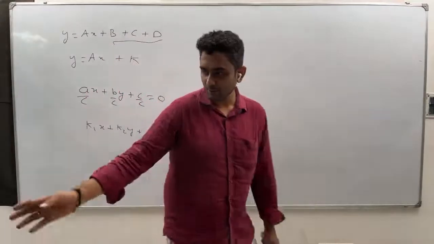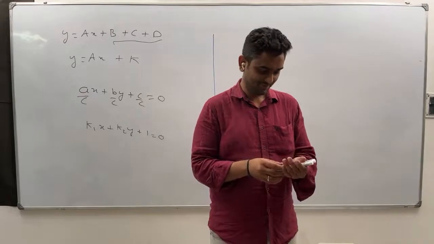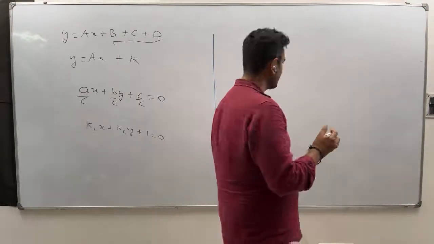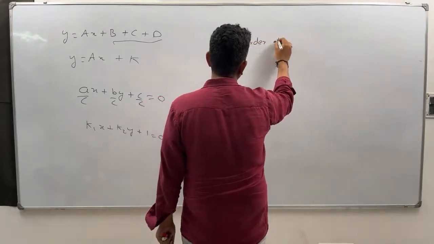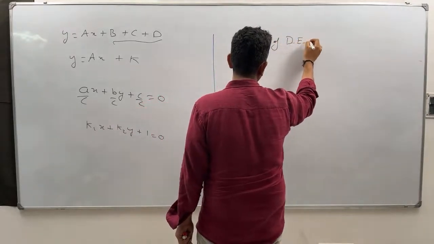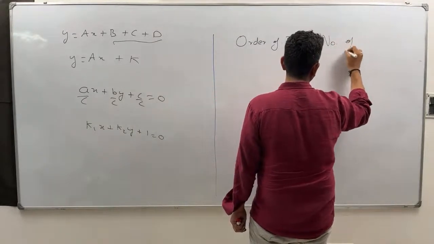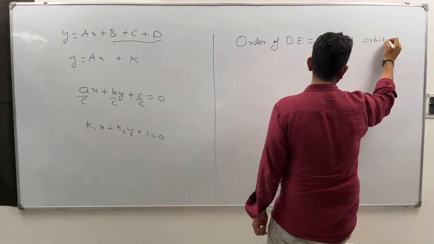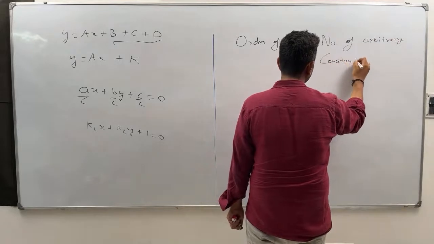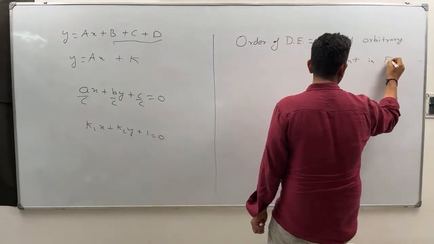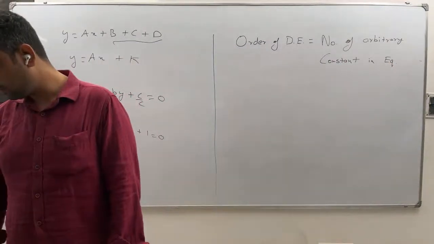So we say that the order of a differential equation will be the same as the number of arbitrary constants in the original equation.